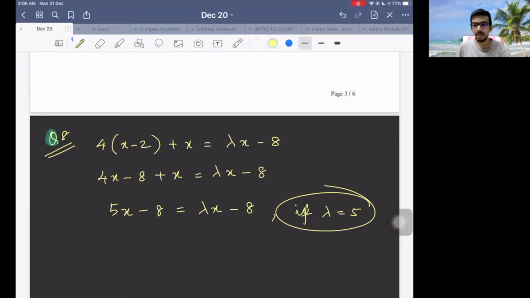Yeah, this will have infinite solutions, right? Because the expressions will be identical. I hope this is fine.